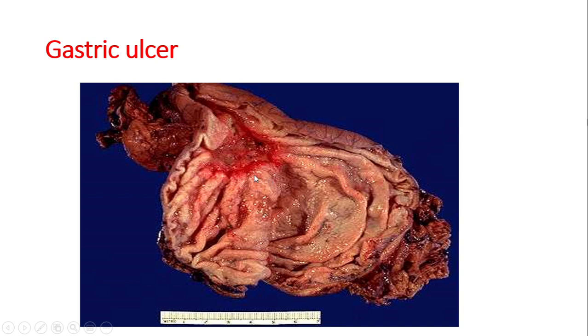As we said, H. pylori is a risk factor responsible for many gastric disorders, starting from chronic gastritis, peptic ulcer disease, gastric carcinoma, lymphoma, and also esophageal reflux disease.